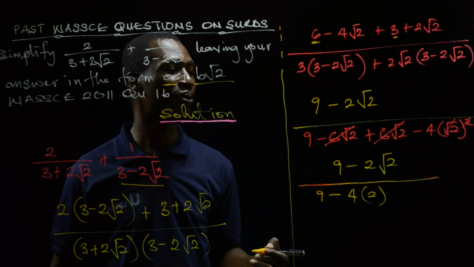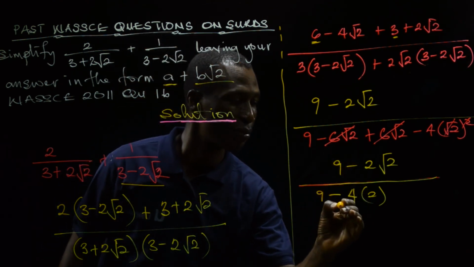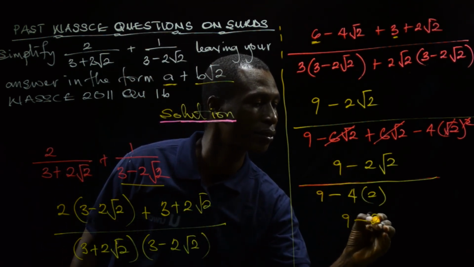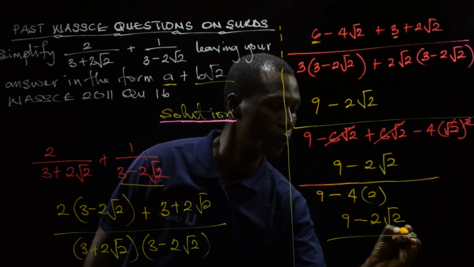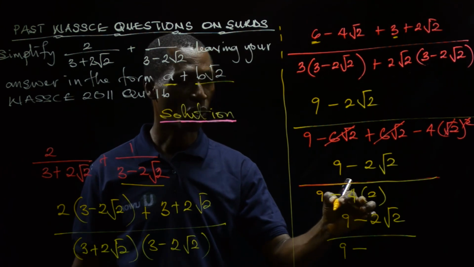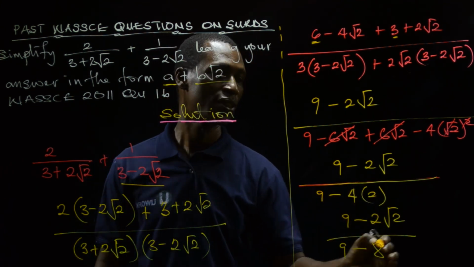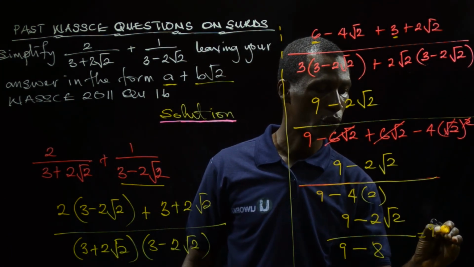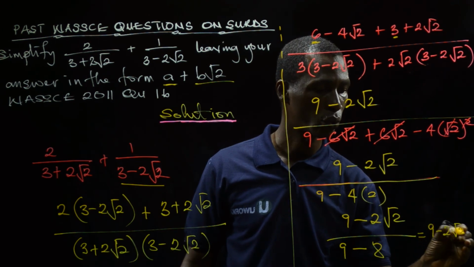So what I do now is I maintain the figure, so I've got 9 minus 2 root 2, then I've gotten 9 again at the denominator, minus 4 times 2 will give me what? 8. 9 minus 2 root 2.